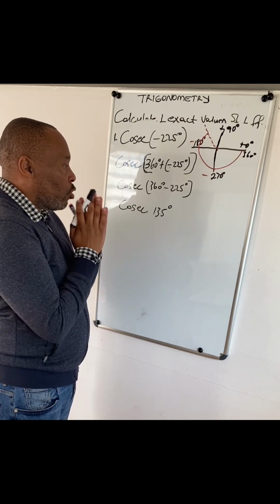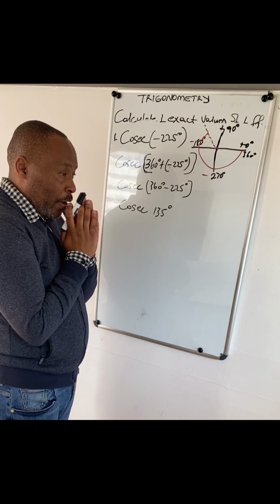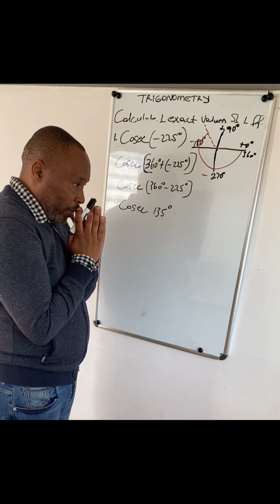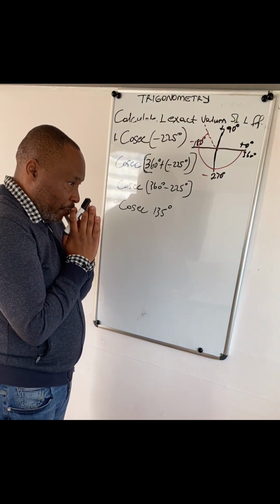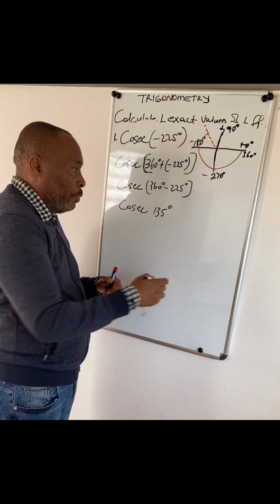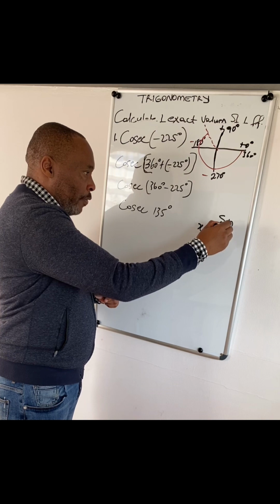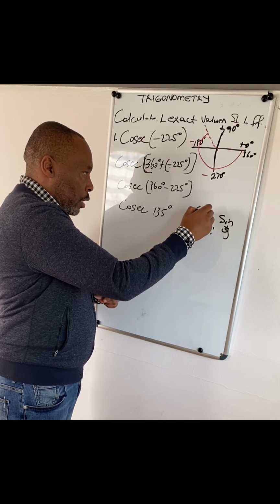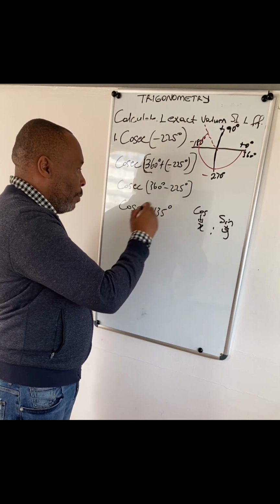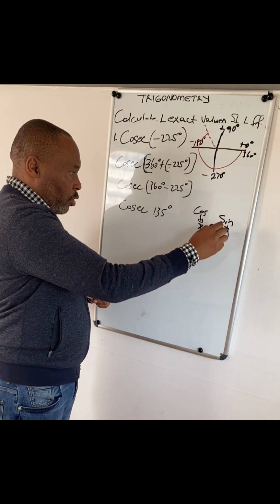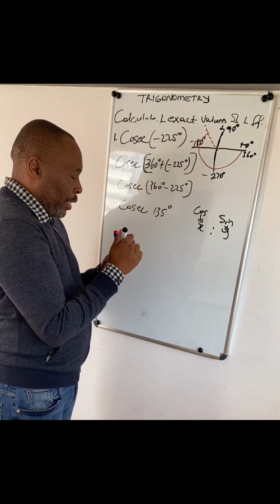But what are the values of cosec at 135 degrees? Let me start with sine. Sine 135 degrees, I've got x and y values, and sine is the y value, cos is the x value. I'm asked for cosec, which is the inverse of sine, but I might as well carry on.